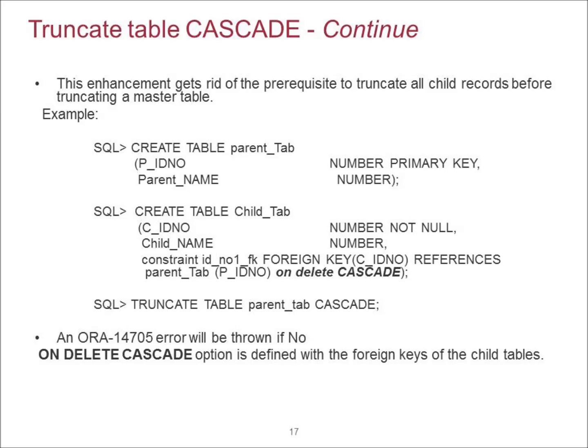Once I've done this and start inserting the records, and then I want to delete those records, all I have to do is simply say truncate table parent table cascade. Just keep in mind that you will see error 14705 if no on delete cascade option is defined with the foreign keys of the child tables.